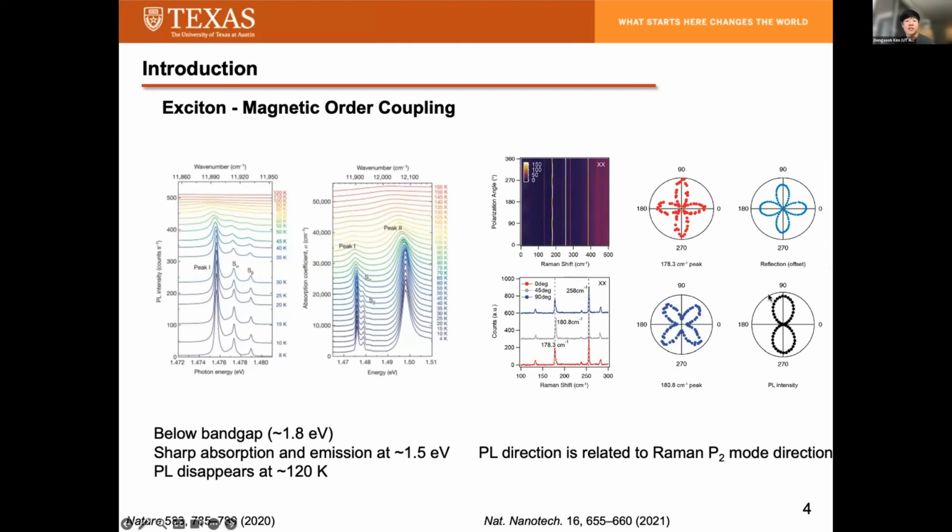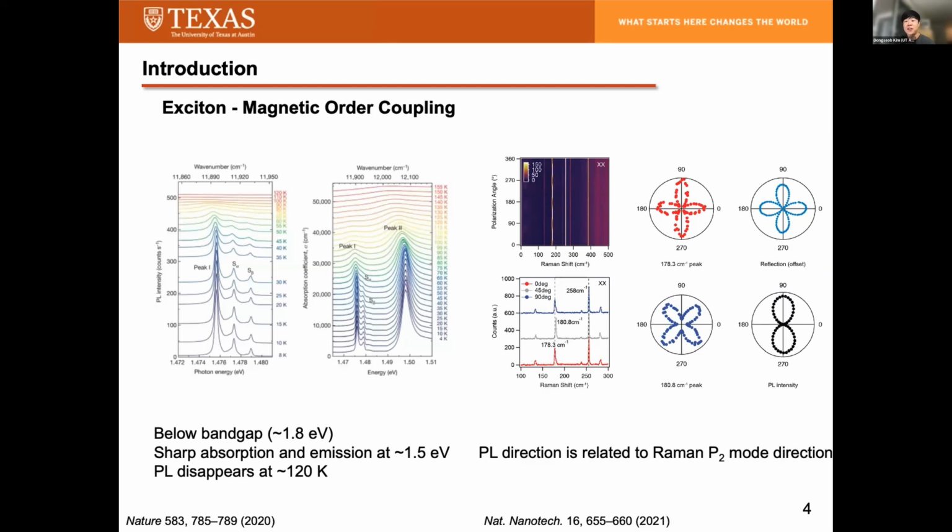By comparing polarization-dependent PL and Raman, people figured out that by using the PL itself, you can also get information on the local spin chains in this system. It's very nice because you can get spin information through phonon information or excitonic information, so through this transduction you can use this material for spintronic devices.